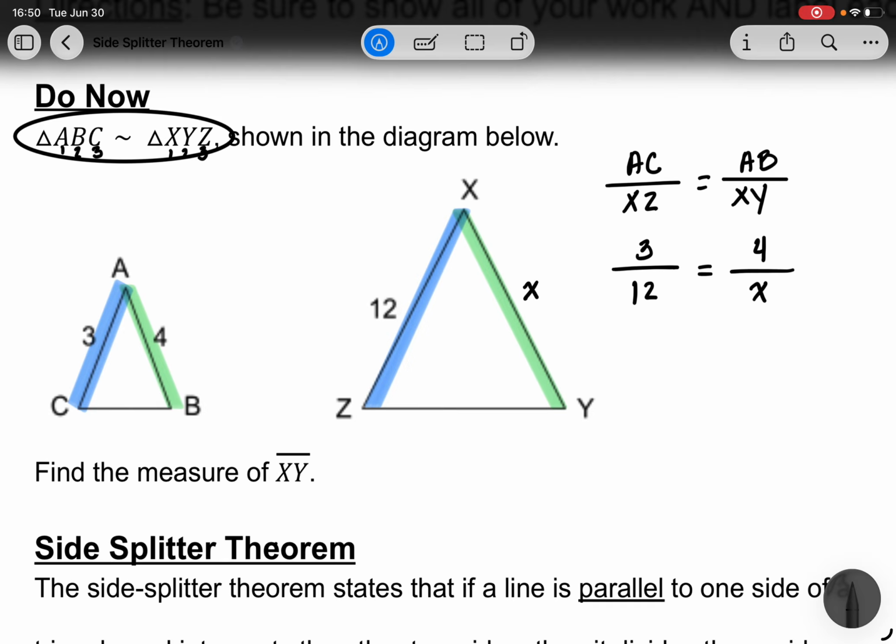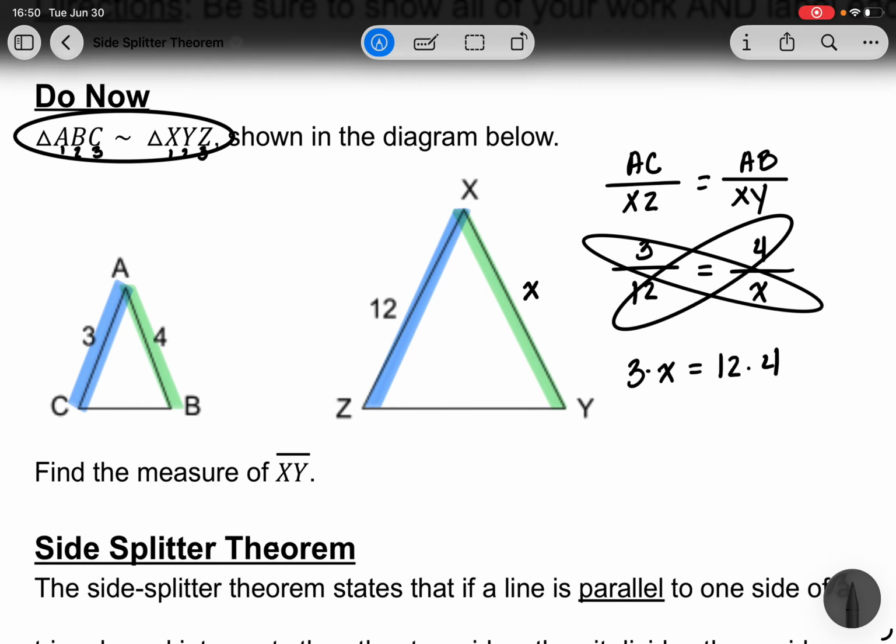Since we set it up as a proportion, now all we have to do is cross multiply, aka the butterfly method. So we're going to multiply these two together, and then we're going to multiply those two together. So first we're going to start with what's on the left, so 3 and X equals 12 and 4, so we're going to multiply those since it's cross multiplication. 3 times X simplifies to 3X equals 48.